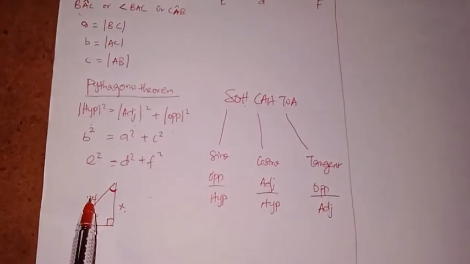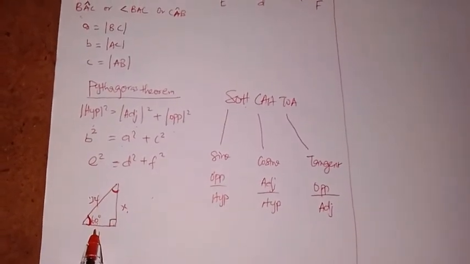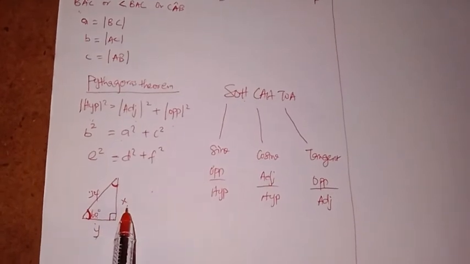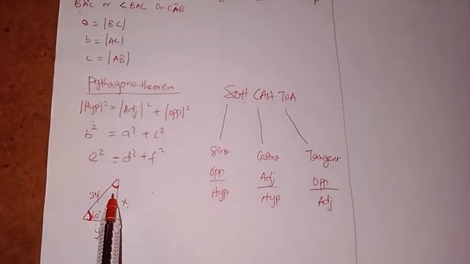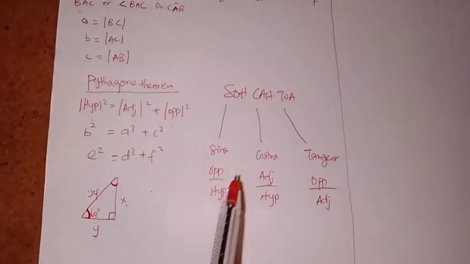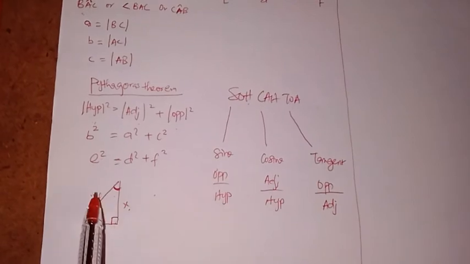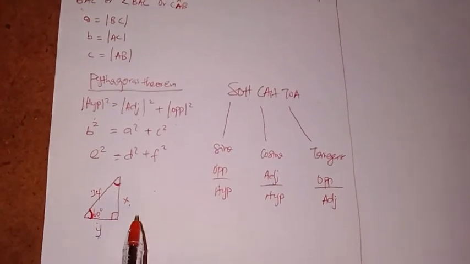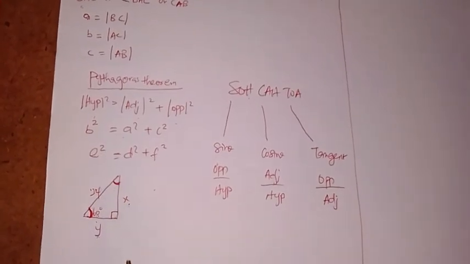I'm to look for either a side, x or y, or the last angle, because this is already 90 degrees. So I'm going to use SOHCAHTOA in this case here.